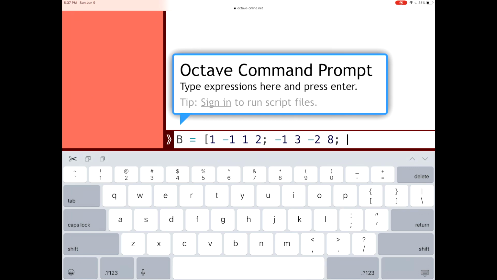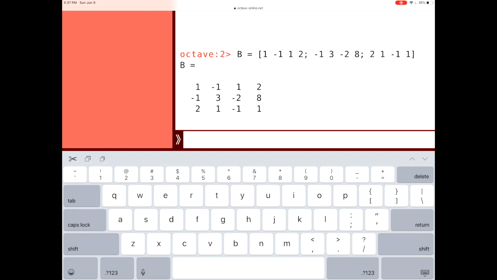And then our third row was 2, 1, -1, and 1. Cool. So you need to end your matrix notation, so put a bracket. And then when I hit enter, this is what it looks like.